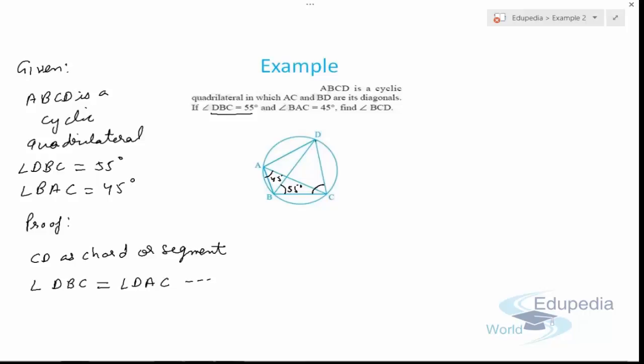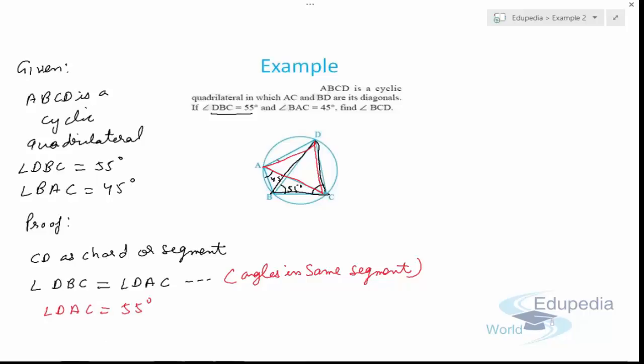If you see properly, this chord CD subtends the angle DBC over here, and the same chord subtends this angle DAC, so we can say that they are equal. Why? Because they are angles in the same segment, right? So we can say that angle DAC is also equal to 55 degrees now.